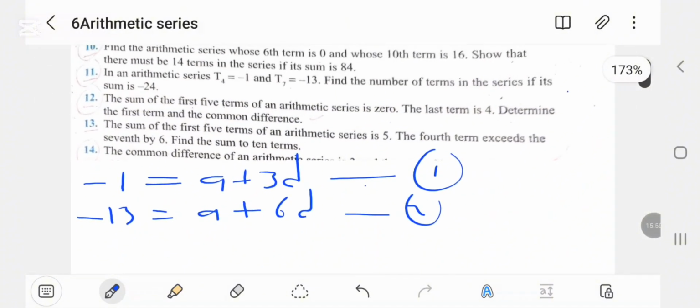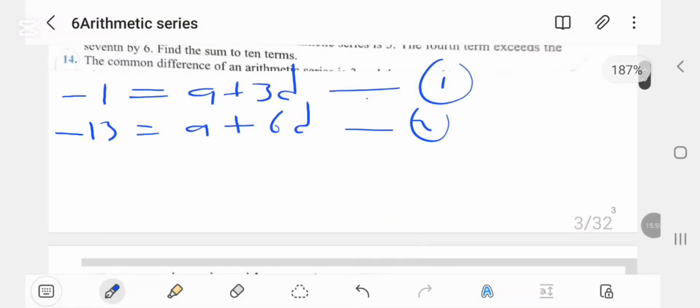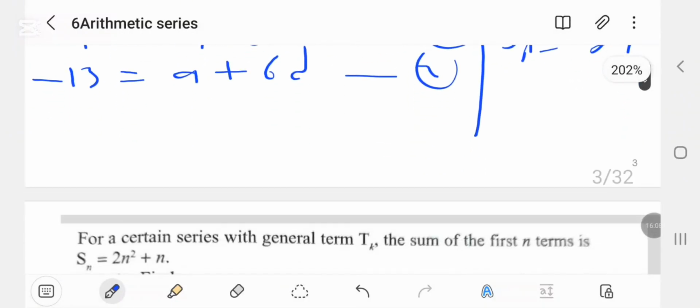Find the number of terms, which is n, if its sum is minus 24. We don't know the number of terms, but we know the sum is minus 24. Let me check again. Minus 24, yeah.